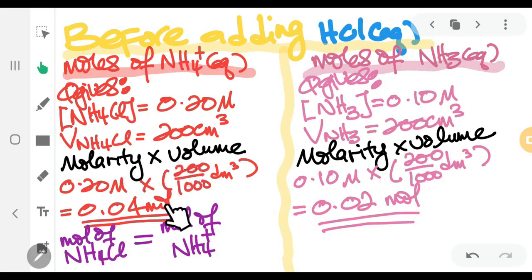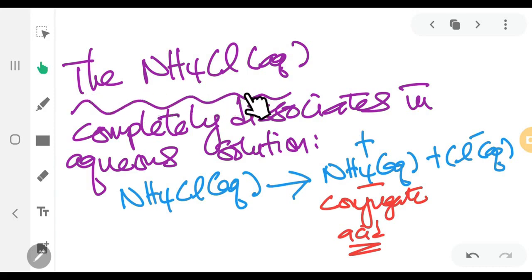Then you get the number of moles of the salt, and remember the number of moles of salt will be the same as the number of moles of your conjugate acid, NH4+. Why? Because the salt solution will be completely dissociated, and therefore, if you have 1 mole of your salt, you will get 1 mole of your conjugate acid, because salt is completely dissociated in aqueous solution.